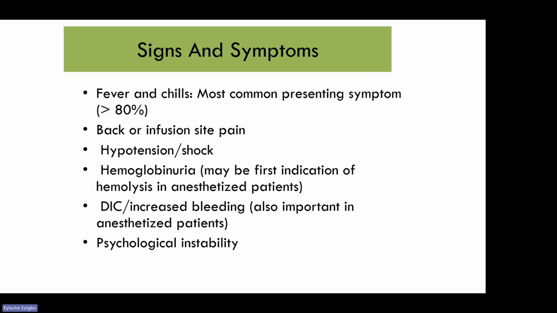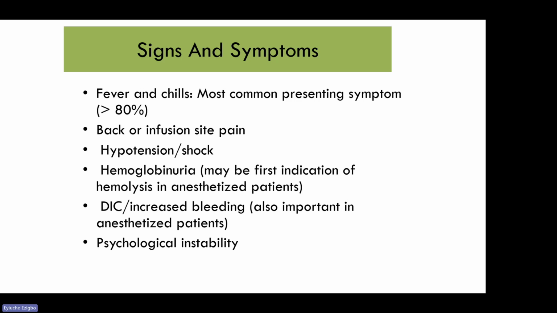So what are the signs and symptoms of this acute hemolytic transfusion reaction? We have fever and chills as the most common presenting symptoms. You see the person with serious rigor, maybe shaking even on the bed. The patient may have back or infusion site pain, hypotension, and then shock.